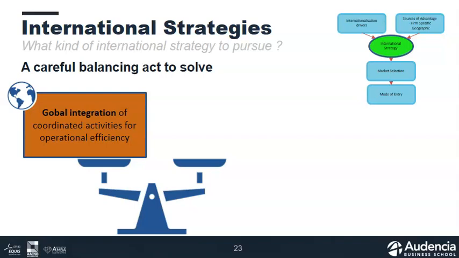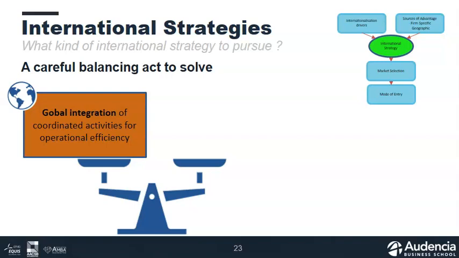If I'm setting up part of my operation in one country, part of it in another, it's to gain some efficiency, to get something out of it. If there wasn't any benefit, then I wouldn't do it. To get that benefit, I have to coordinate all these activities. And that's just part of being a global company.